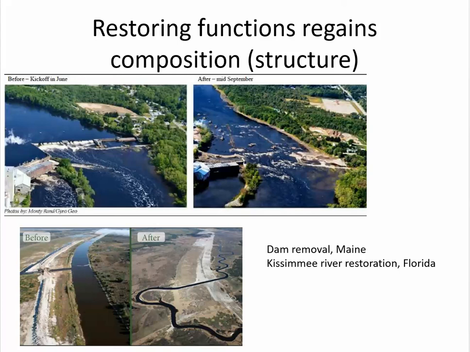These are two pictures, one from Maine where there's a dam removal, and the idea basically is that you remove the dam and you get back all of the native species, or most of them, as you restore the function of a continuous river. The Kissimmee River in Florida, a very highly engineered river drainage, was the site of one of the most expensive ecosystem restoration projects on Earth, which put the meanders back in the river, as you can see in the pictures at the bottom of the slide.